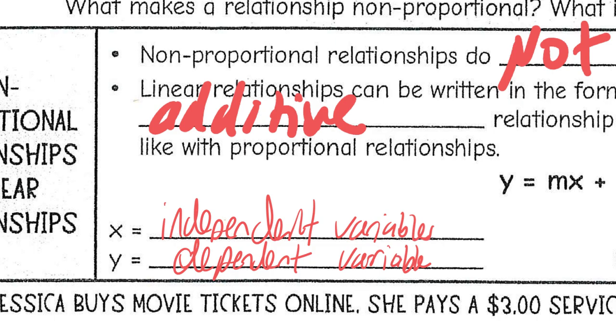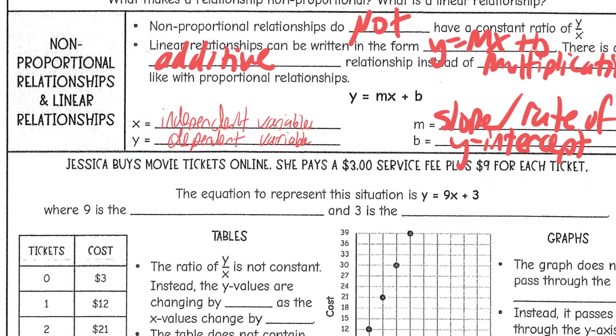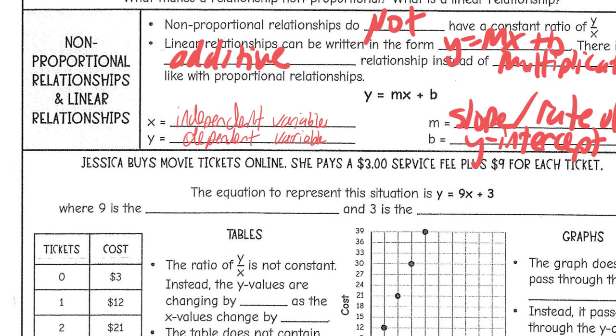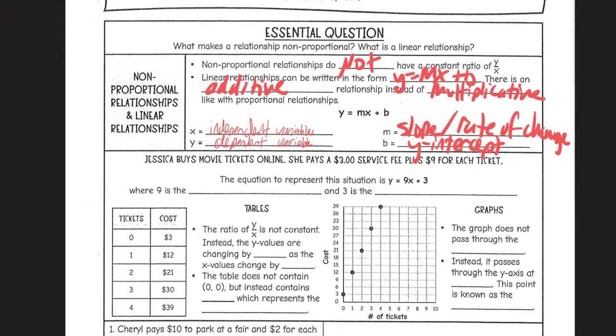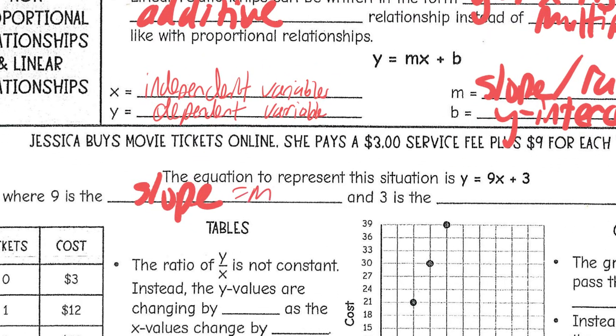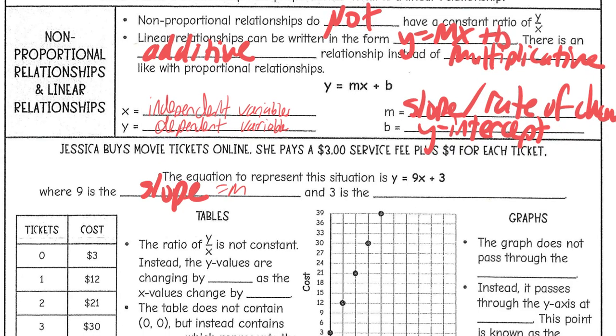Okay. All right. So Jessica buys tickets online. She pays $3. The equation is y equals 9x plus 3. Of course, we know that 9 is the slope. All right, that's m. And we know that 3 is b, which is the y-intercept.